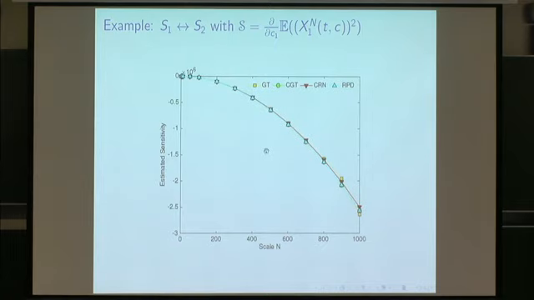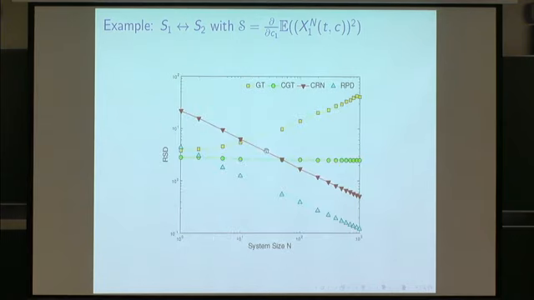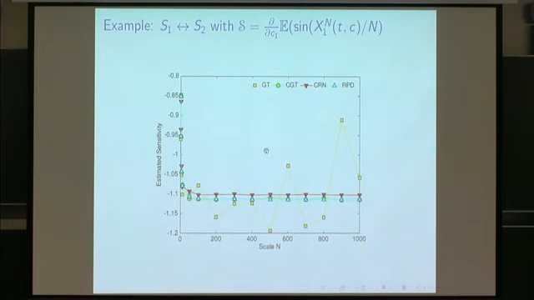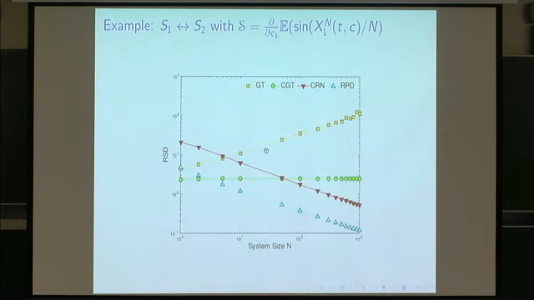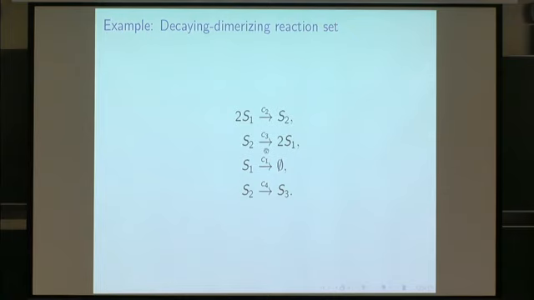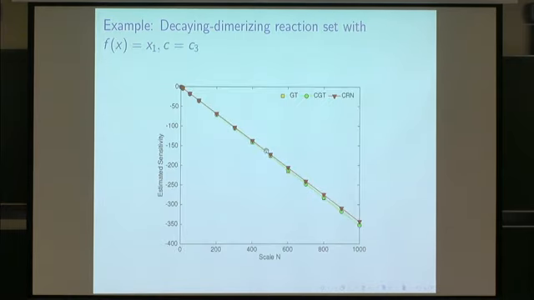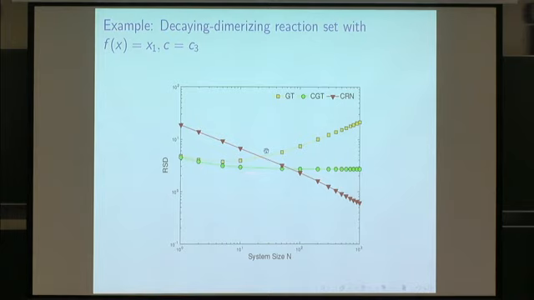And similarly, we tested a different output function, the square of the state. Again, we get the same thing. We tested a sine function, and again, it's the same. We then looked at a nonlinear system of reactions that was introduced by Gillespie in his early work, and it's also doing the same.